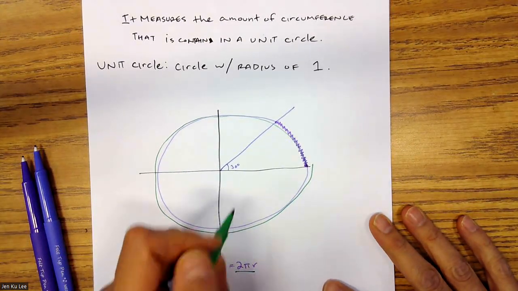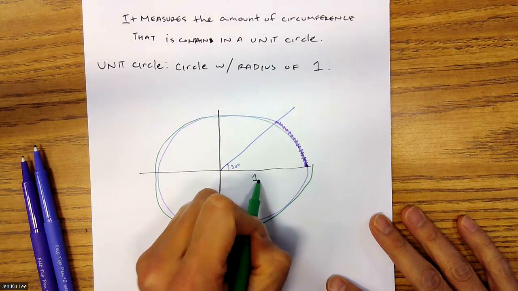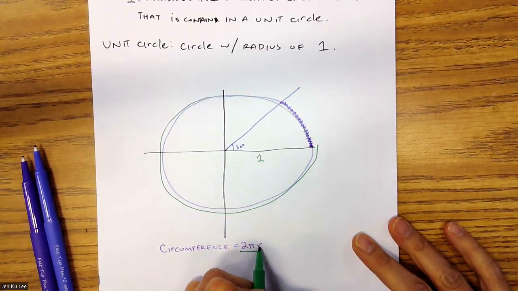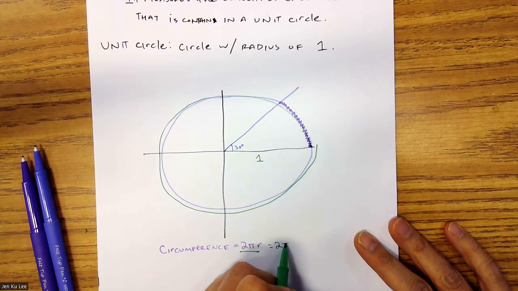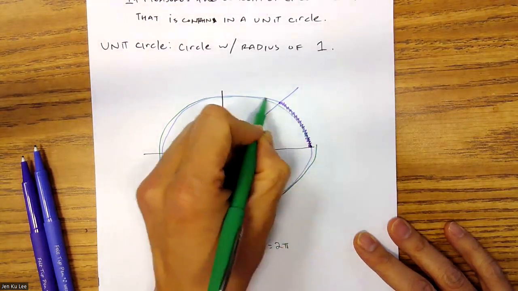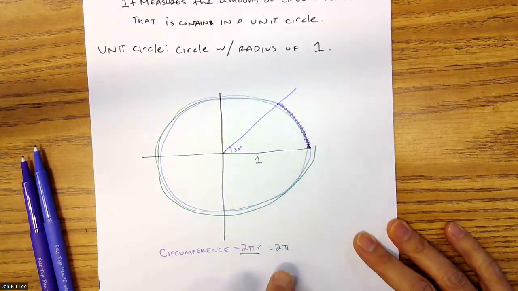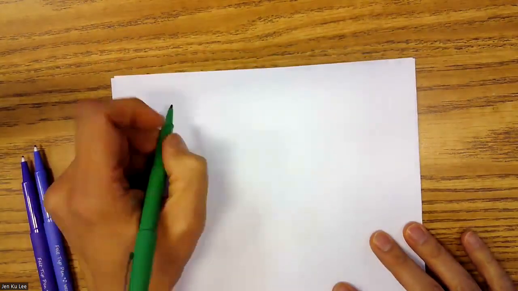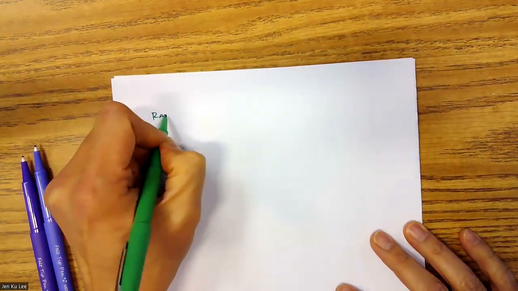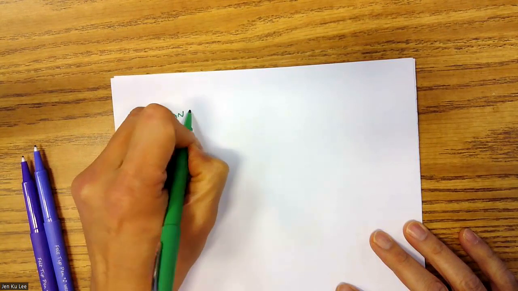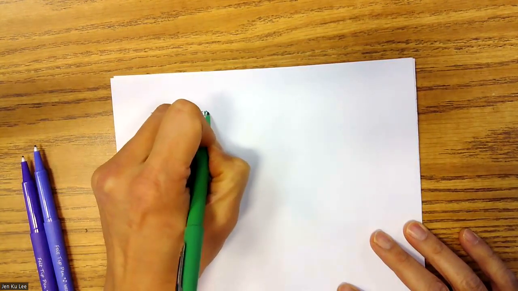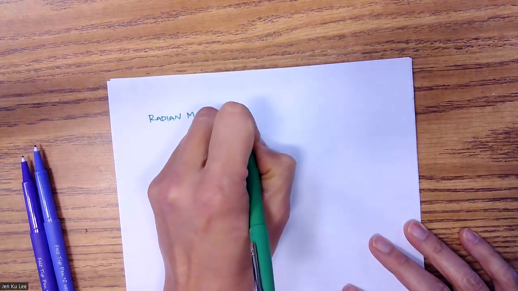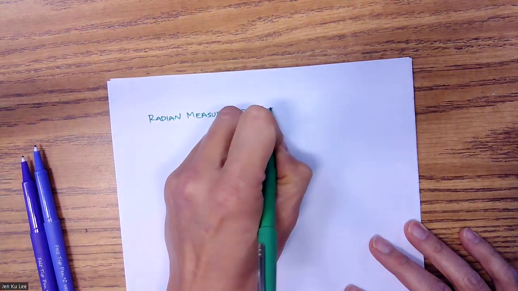And if your radius is 1, which the unit circle is, your circumference is just 2 pi. So that means that the whole circle equals 2 pi. Okay, so in radian measures, the whole circle equals 2 pi.